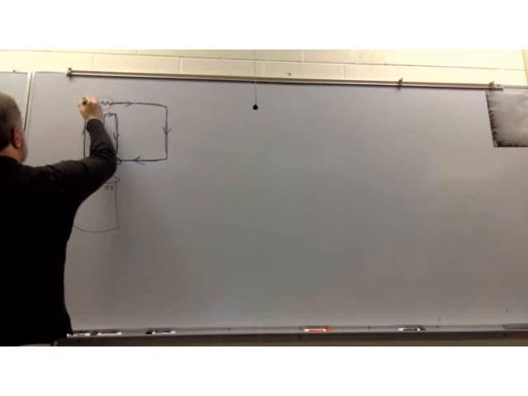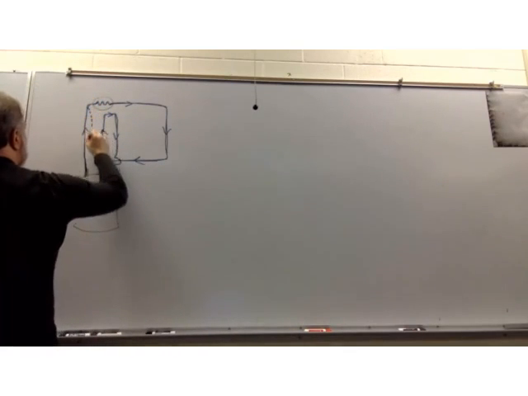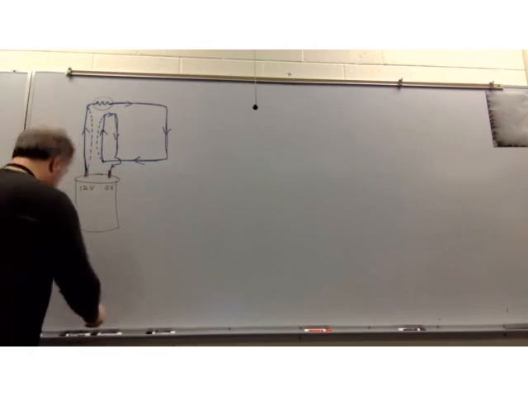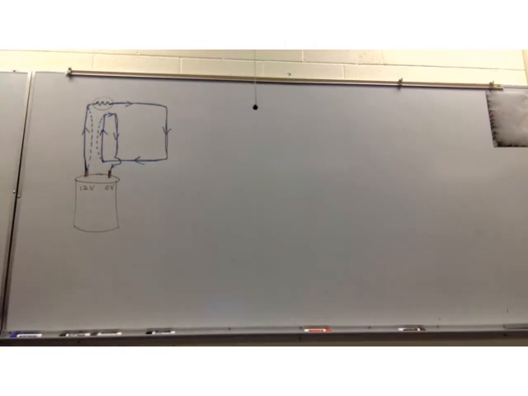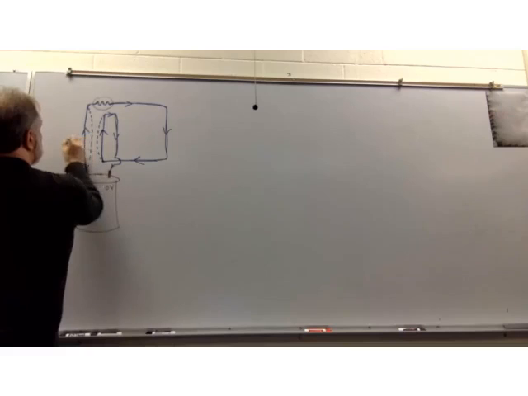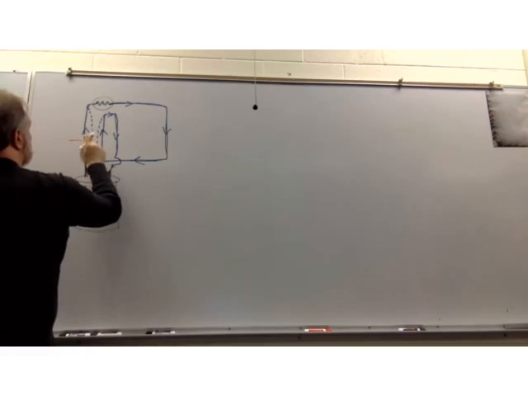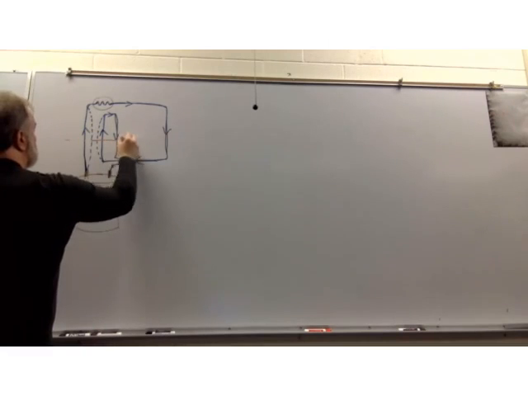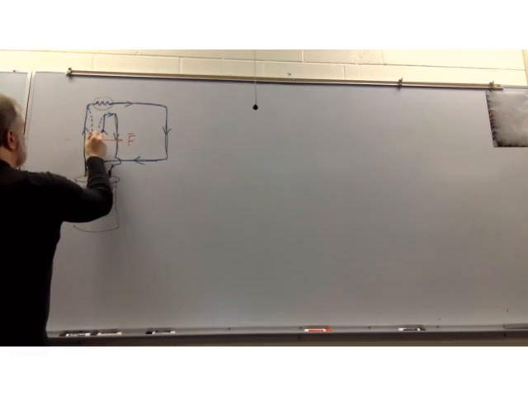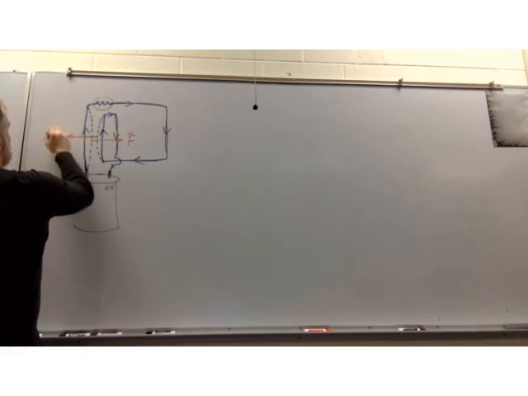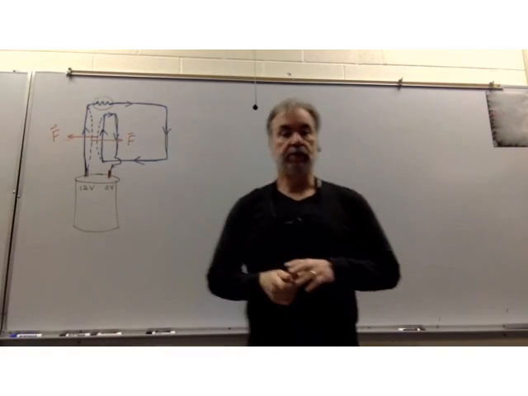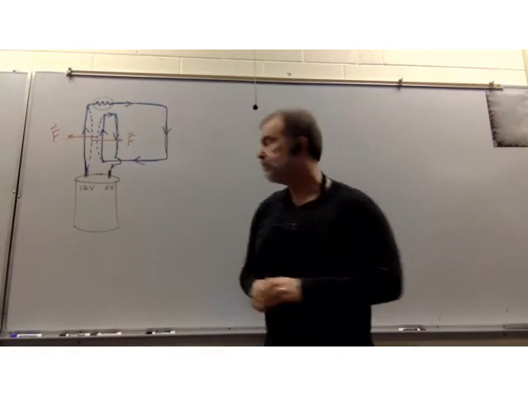We find that these two wires, when we run the current, they actually attract each other. And of course, unsurprisingly, they are equal in magnitude and opposite in direction, Newton's third law, of course.